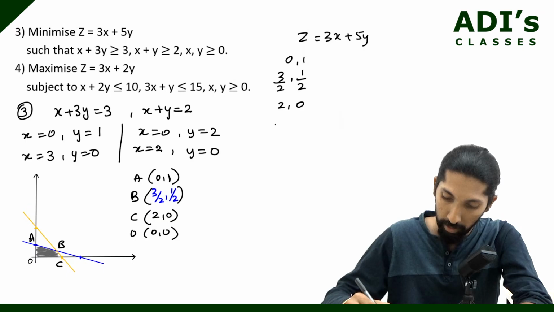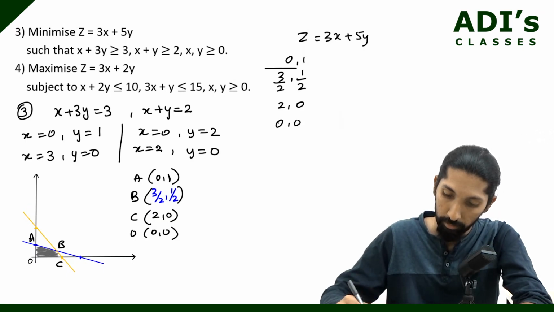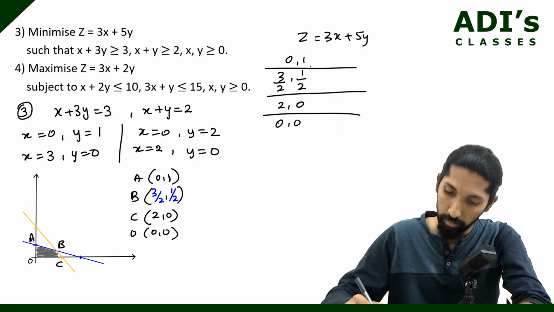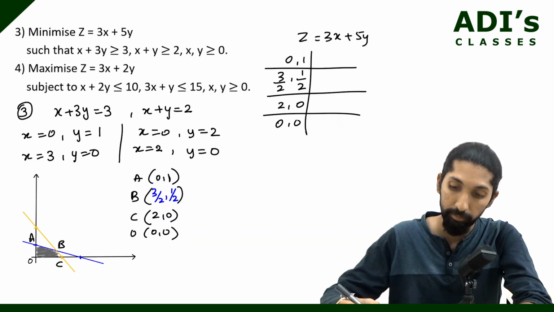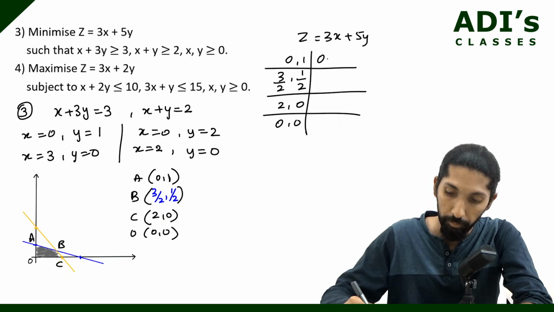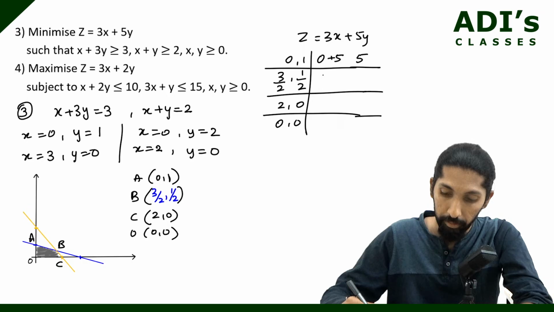Then 2, comma 0, 0, comma 0. Correct? Now when we talk about 0, comma 1, this is nothing but 0 plus 5, 5. Remember, we are minimizing, not maximizing. Put 3 by 2. 9 by 2 plus 5 by 2.